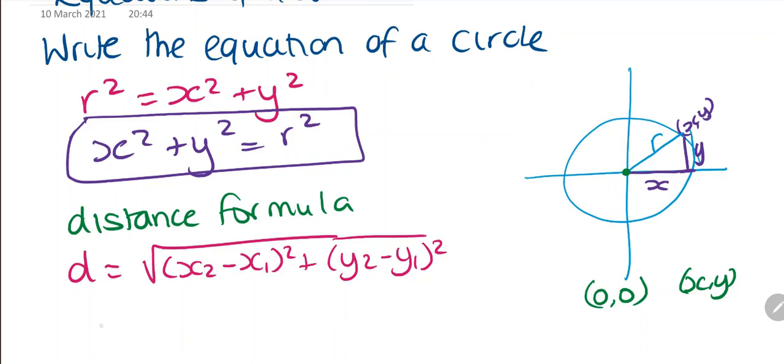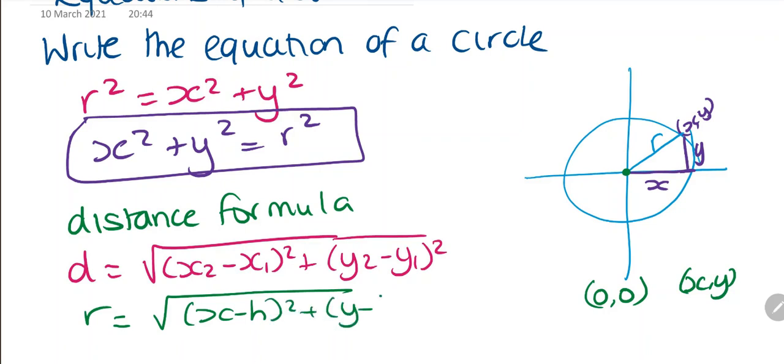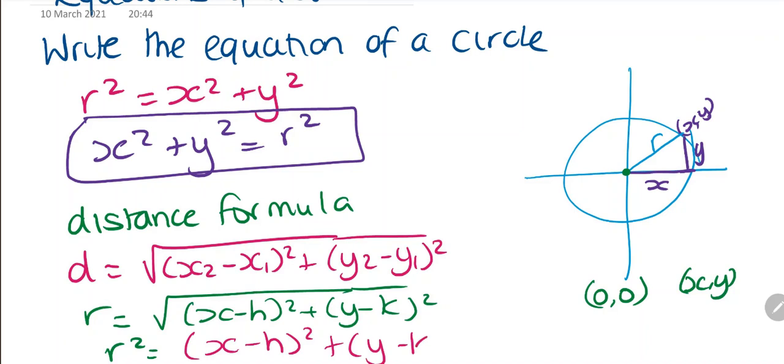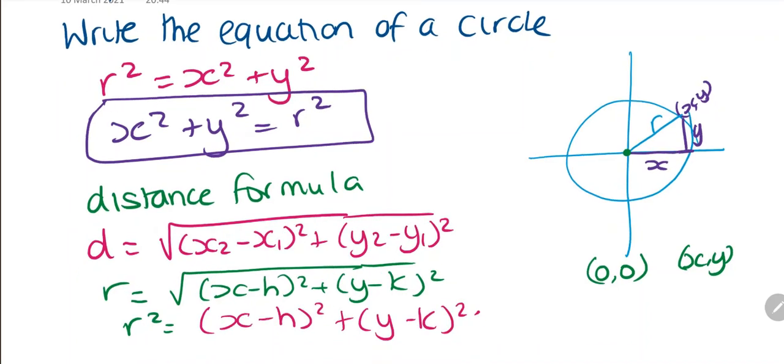So the radius, we can calculate this with x minus h squared and y minus k squared. So r squared, we remove the root and we have x minus h squared plus y minus k squared. So this is our formula.